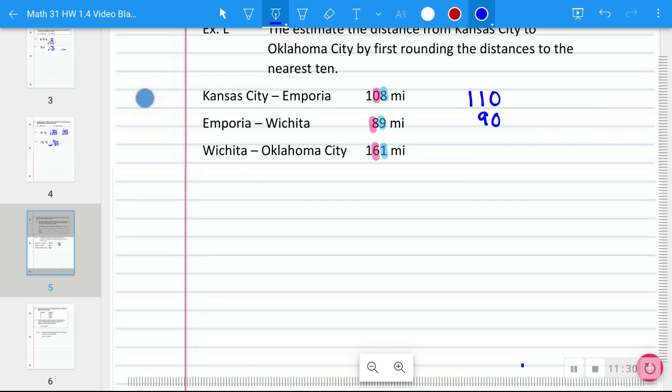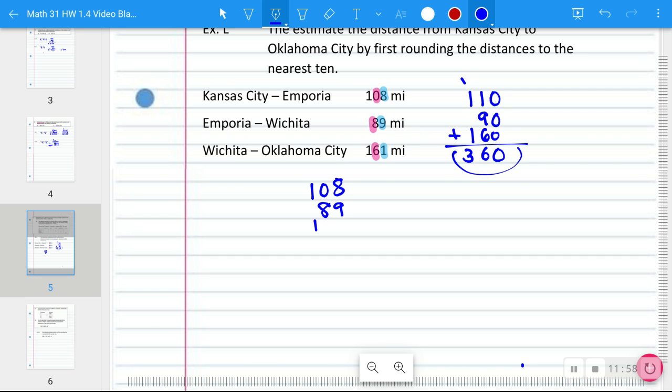And 161, when you round to the nearest 10, the 1 is not going to affect the 6, so it's going to be just 160. And we're going to add the distances to find the total distance. So adding the next column, 1, 9, and 6 gives 16. You carry the 1, and it's about 360 miles. Now let's just do the actual problem and find out how far off we are.